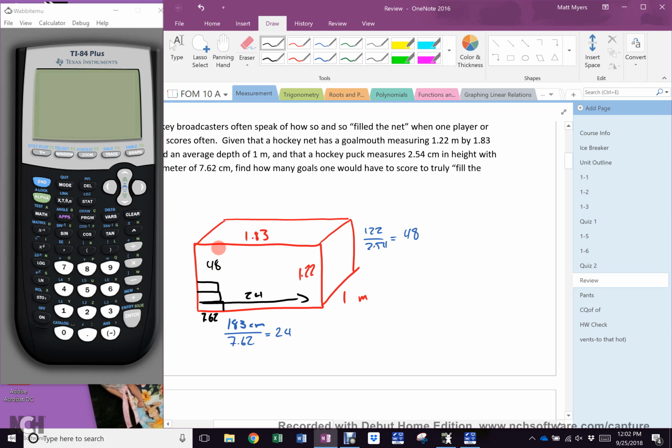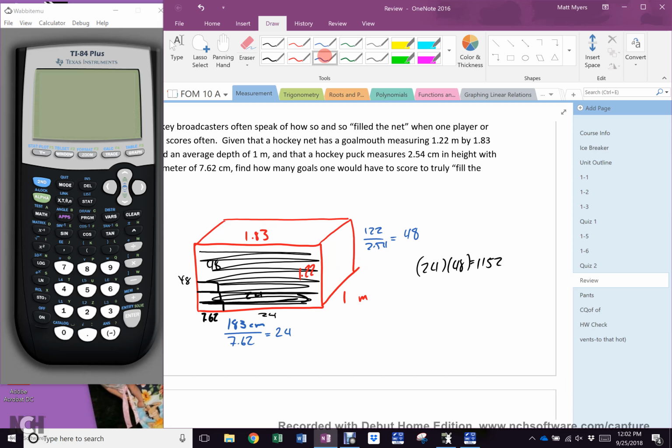So how many pucks will fill in this? If there's 24 across here and 48 up there, how many pucks will fill the front of the net? 24 by 48, which is 1,152, correct? How many pucks will fit back here? How long is this? 100.